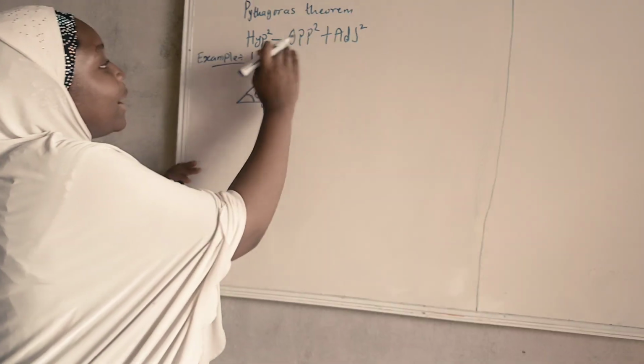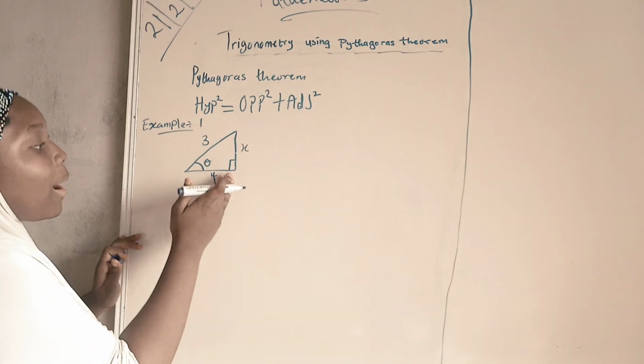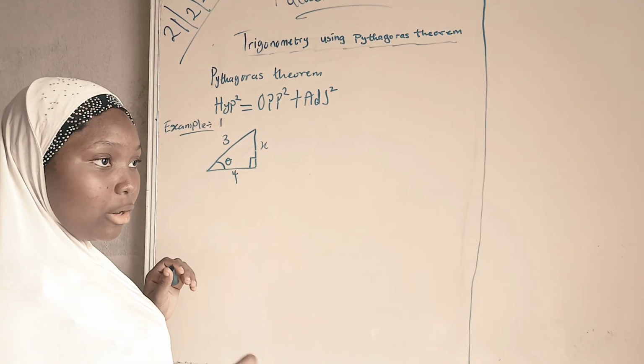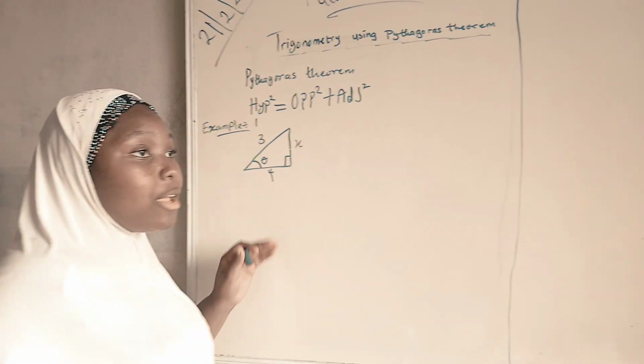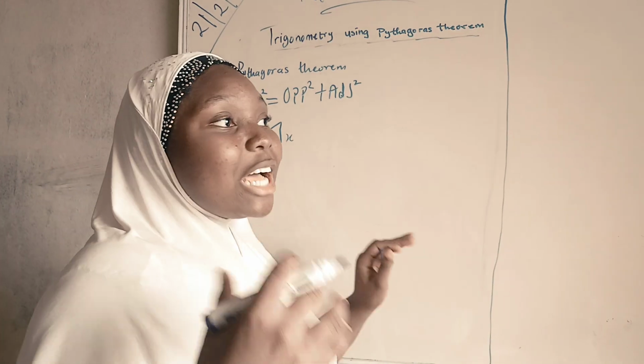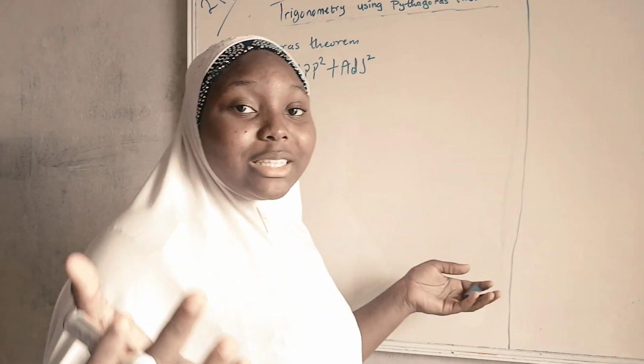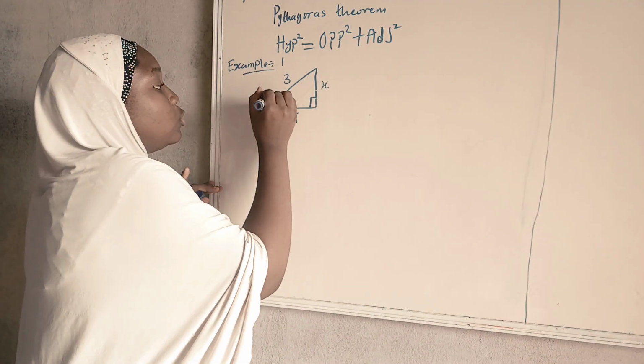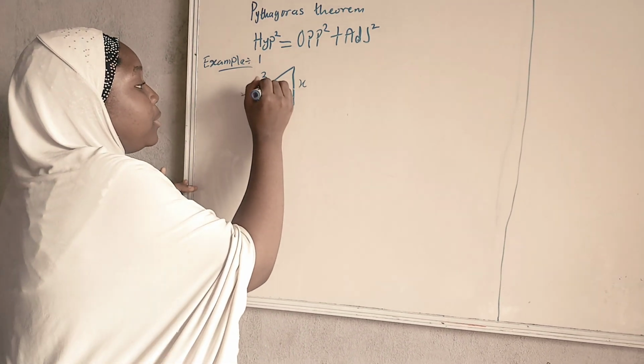So let's start by using the formula. Where is our hypotenuse? Here. We said hypotenuse is the longest side of a triangle. It does not mean that even if it is the longest side, it has to have the largest number. It is the longest side, so it will have hy.